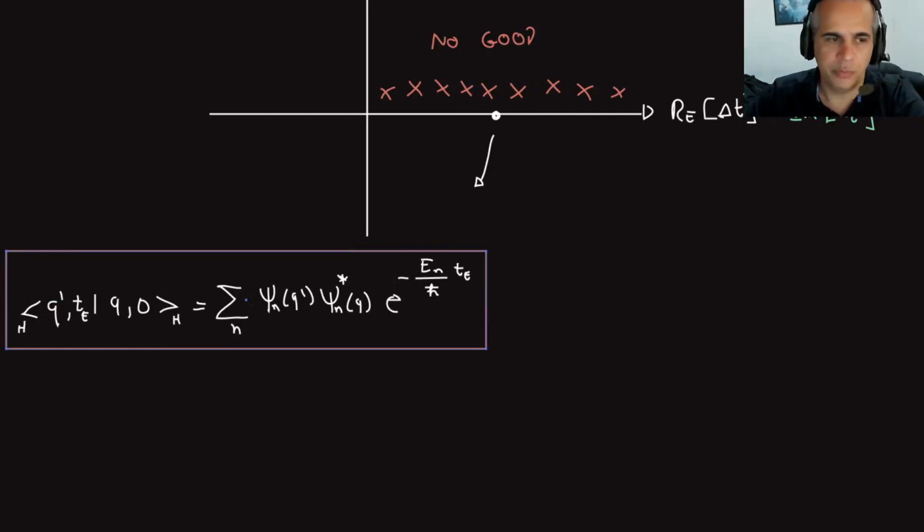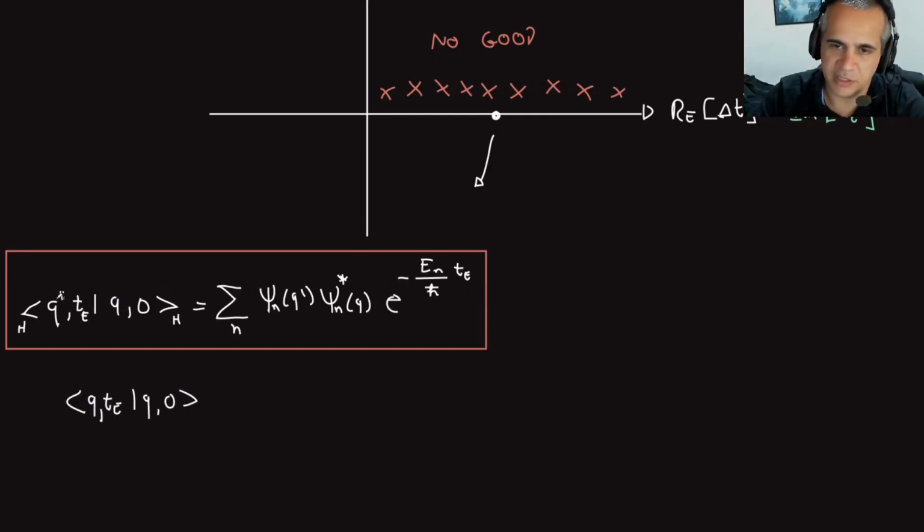Now, this is a transition from one point into another, right? Suppose now, instead of calculating this, I calculate the same object but for q equal to q prime.